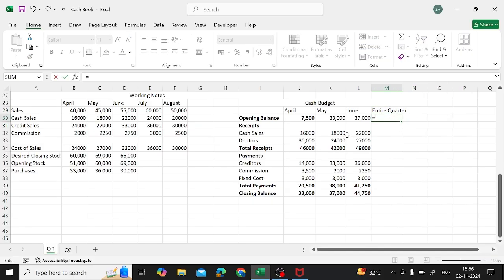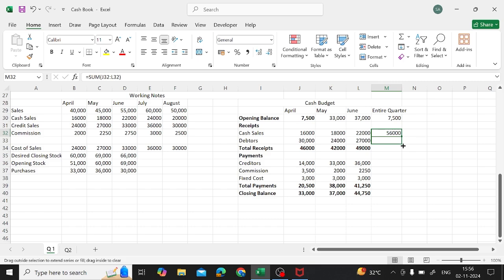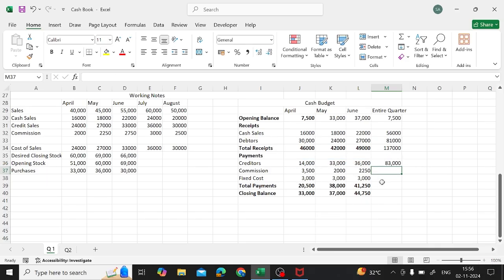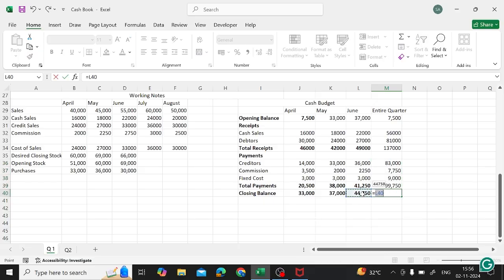The opening balance will be the balance of this. Now here you have to find the sum. Here also the sum. And here the closing balance will be equal to this.